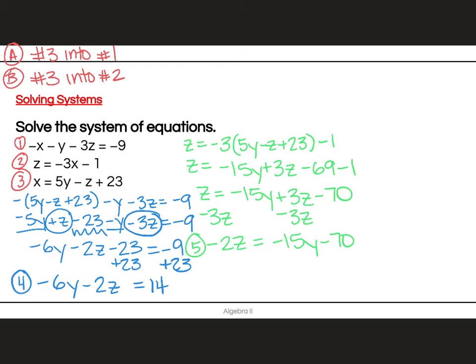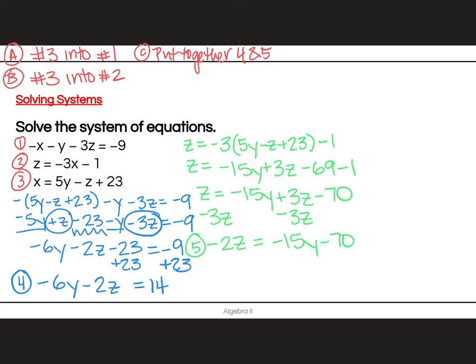So I've got number 4 and number 5. And then next I'm going to put together 4 and 5. Now, what I can easily check for 4 and 5 is I want to make sure that they both have the same variable.